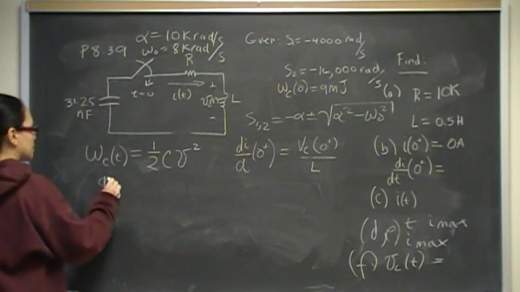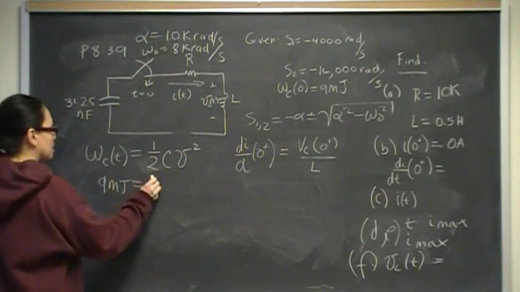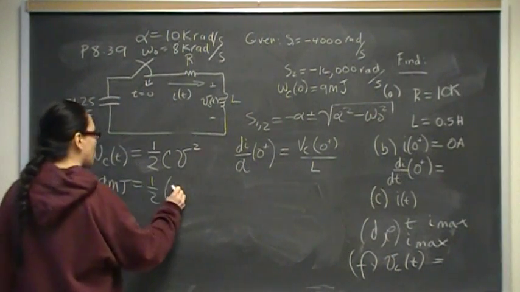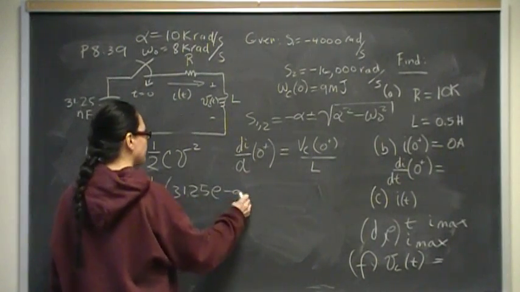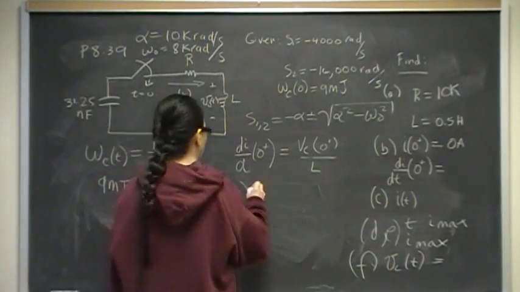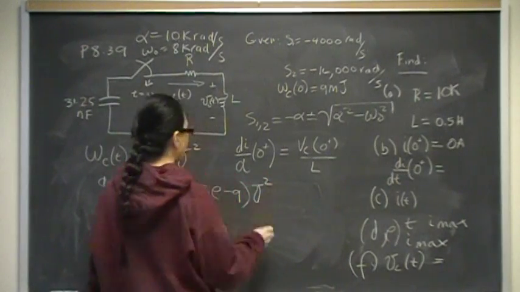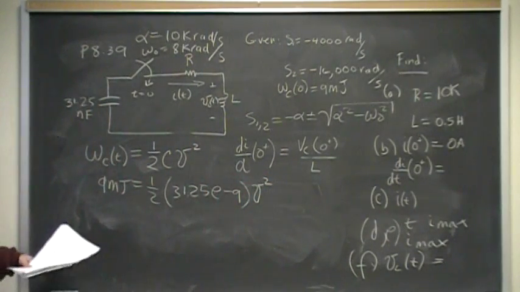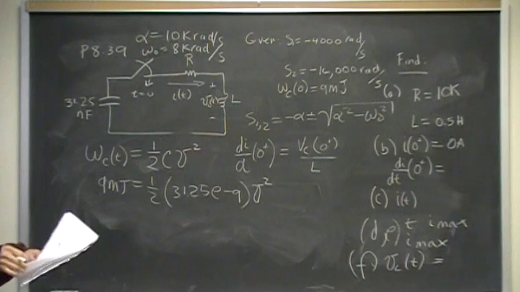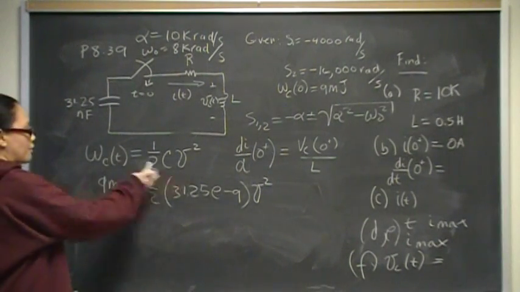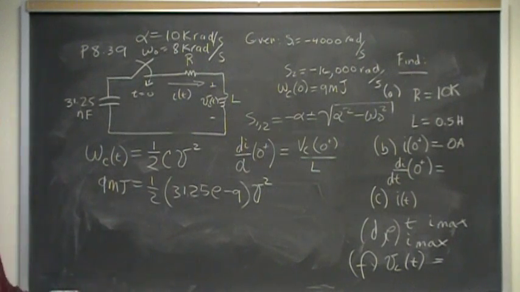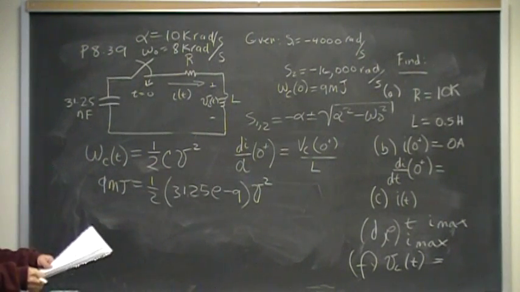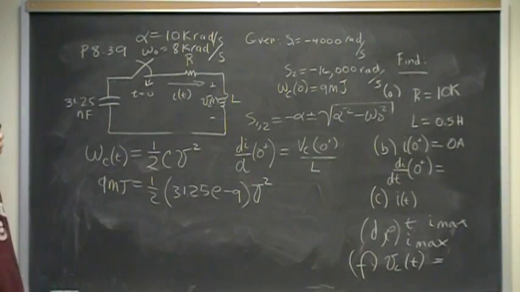So 9 millijoules is 1/2 times 31.25 E minus 9 times voltage squared. And you can go ahead and solve for voltage, because that's simply the square root of everything. Once you multiply by 2 divided by 31.25 E minus 9, your voltage should be 24 volts.